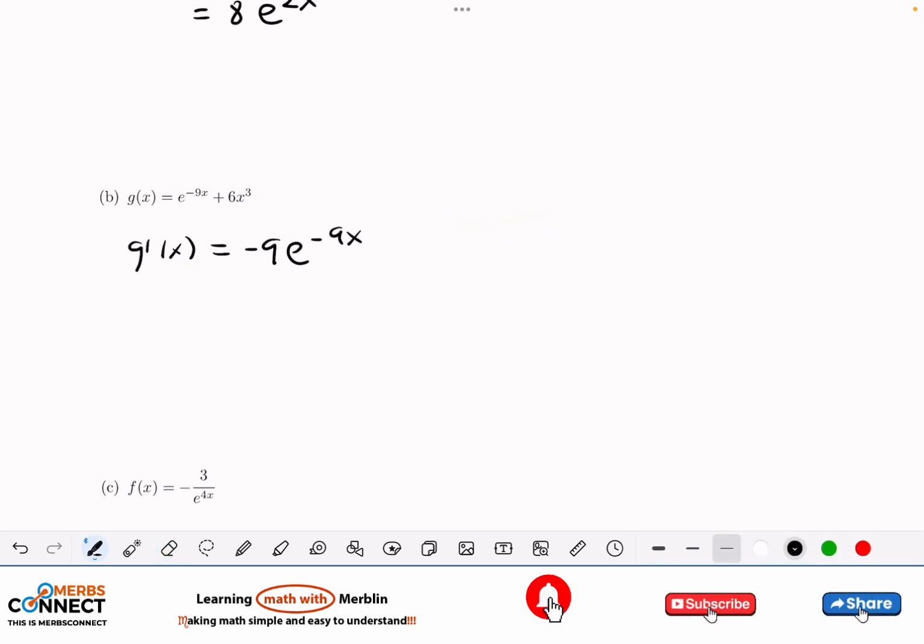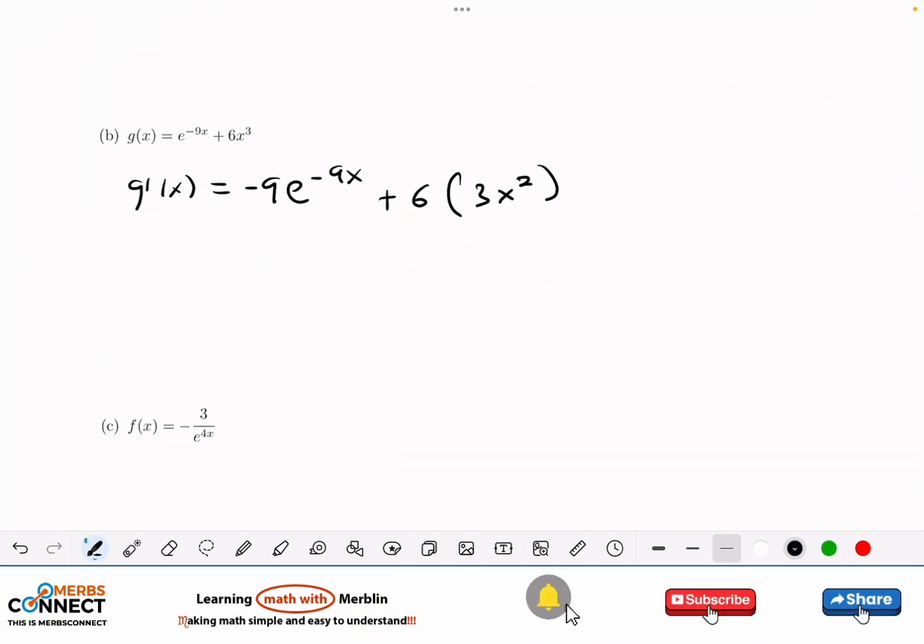Then the power rule plus 6. Since 6 is multiplying x to the power 3, I just have 6. Then I differentiate x to the power 3, which will be 3x squared, since 3 minus 1 is 2. So I'm going to have minus 9 e to the power minus 9x plus 18x squared.